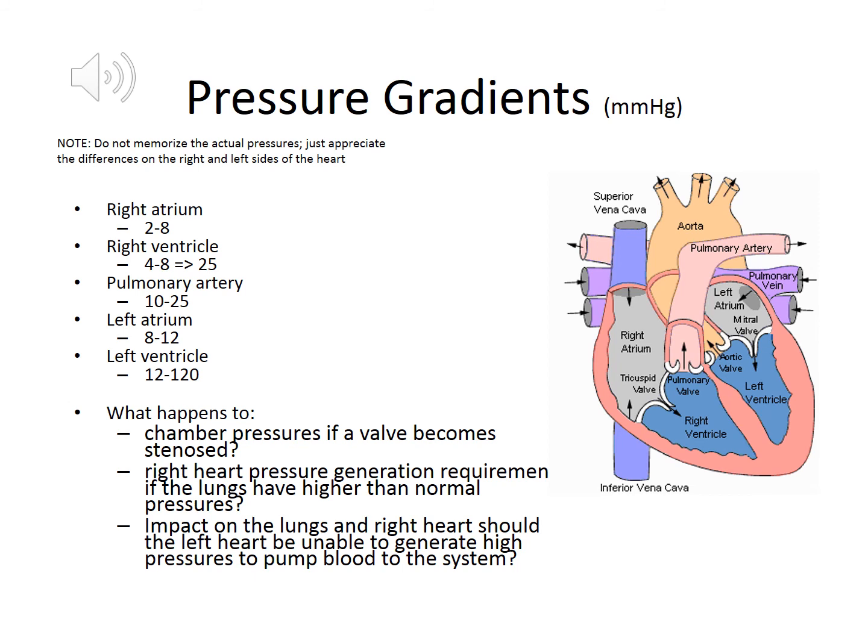That condition could lead to an overworking of the right side of the heart or right-sided heart failure, also called cor pulmonale. Let's talk about the left side of the heart. In some cases, the aortic valve may become very stenosed or very tight, very difficult for blood to exit through the aortic valve.